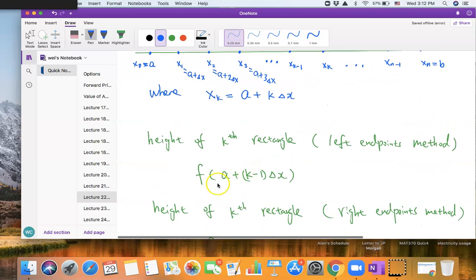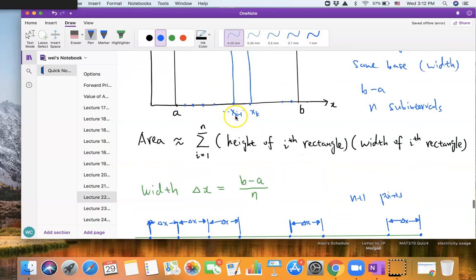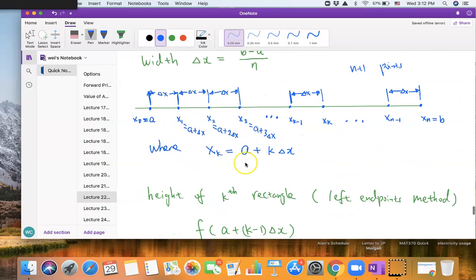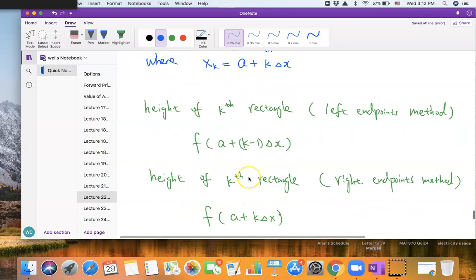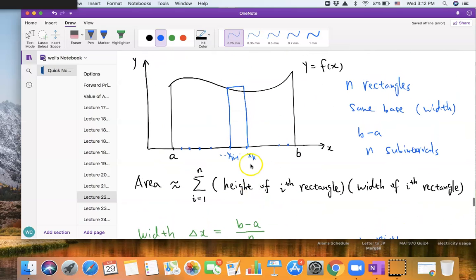The height is f of (a plus (k minus 1) times delta x), because at this point, x_{k-1}, its coordinate is a plus (k minus 1) delta x. Now, if I use the right endpoint method, I use the function value at the right endpoint of the subinterval to determine the height.